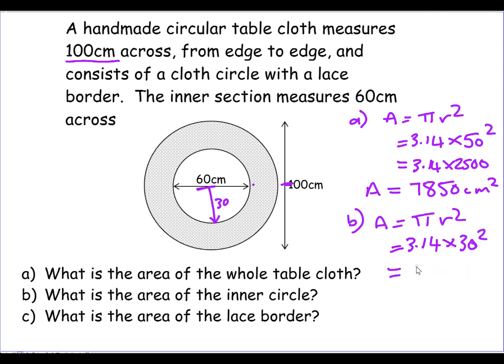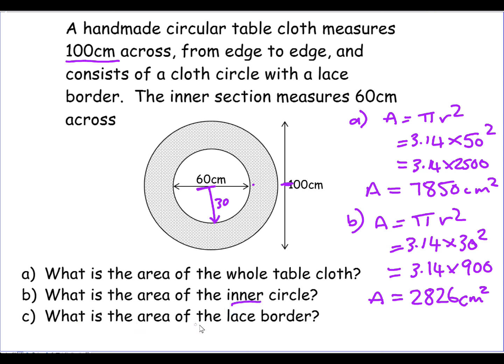So our calculation becomes 3.14 times 900. Work this out and you get 2826 centimeters squared as the area for your inner circle.